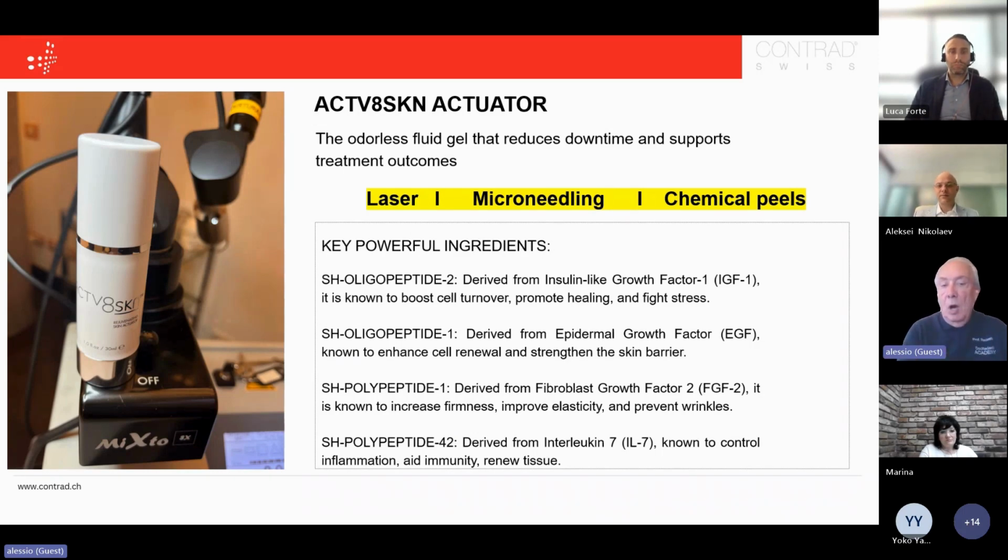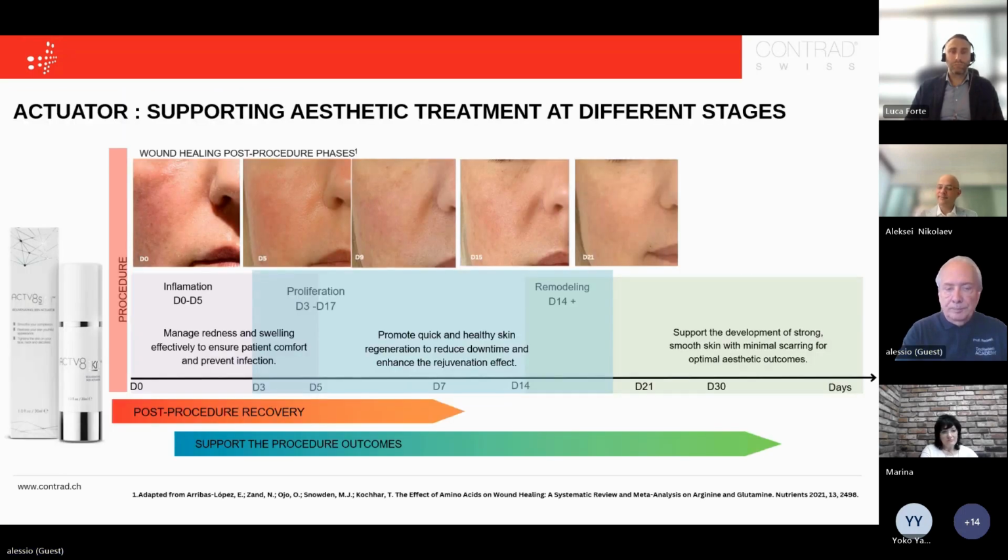some oligopeptides derived from the growth factors, in particular the insulin-like growth factors, the epidermal growth factors, the fibroblast growth factor 2, and interleukin, the polypeptide 42.